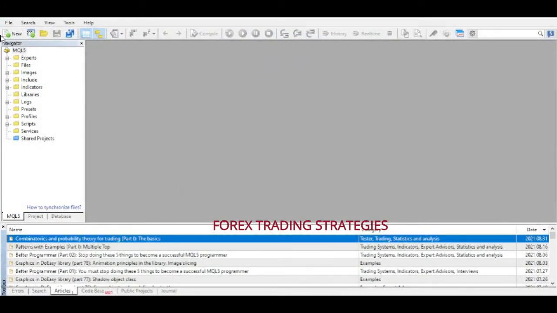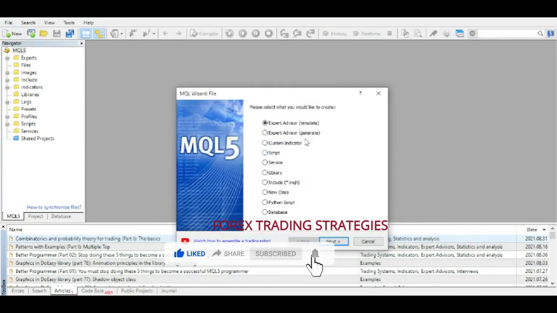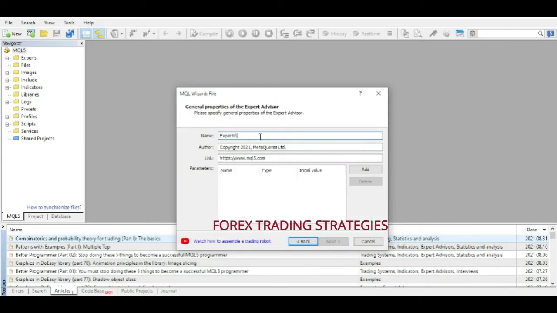We are in the editor now. Then we create a new template. Just follow my steps. Let's call this robot what? Ultra. Let's call it Ultra, something fancy. If you have a website, you can put your website.